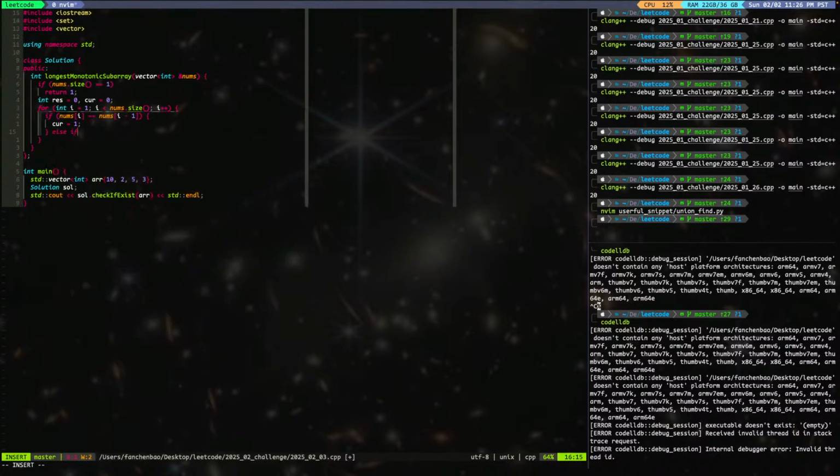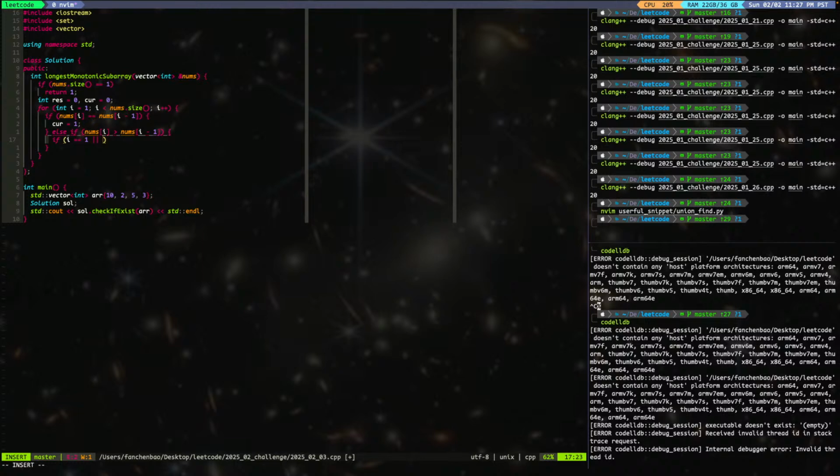Else, we can say else if nums[i], let's say, is larger than nums[i minus 1]. Okay, so current is bigger than the previous. Now, when current is bigger than the previous, it depends on what the previous one is, right? So we can check to see if i is equal to 1, which means we don't have a previous one, right?